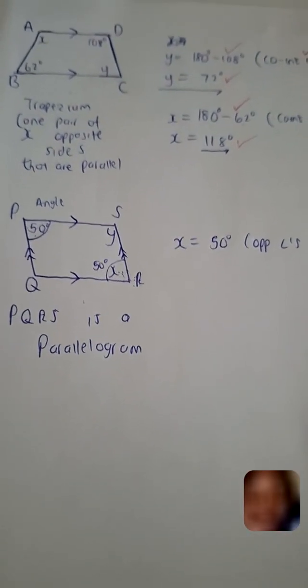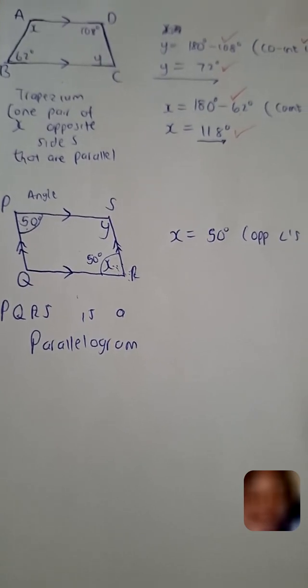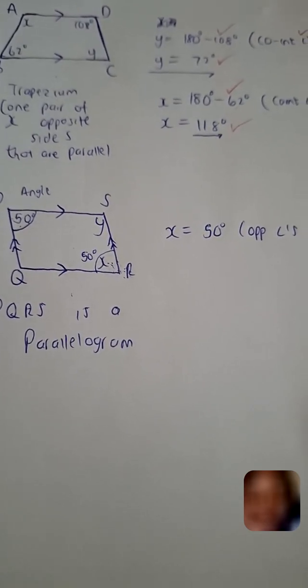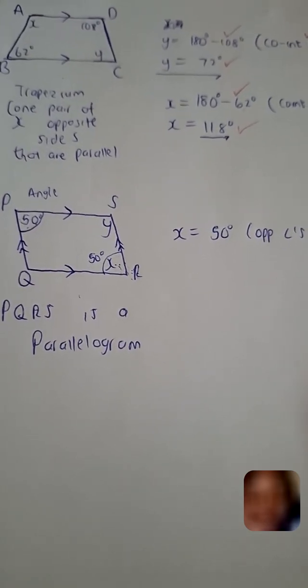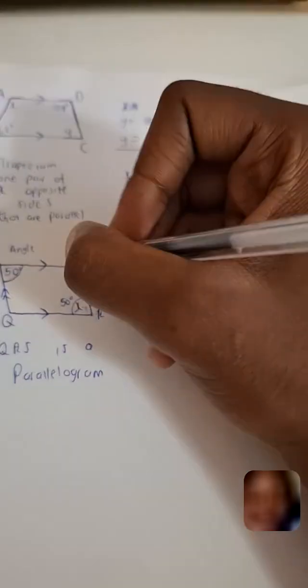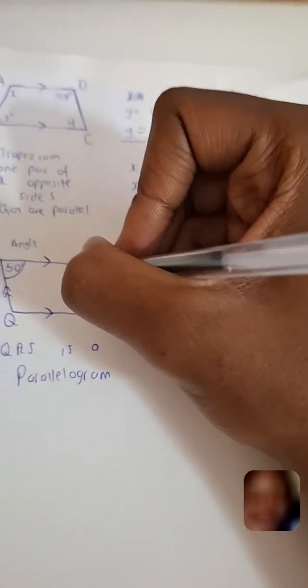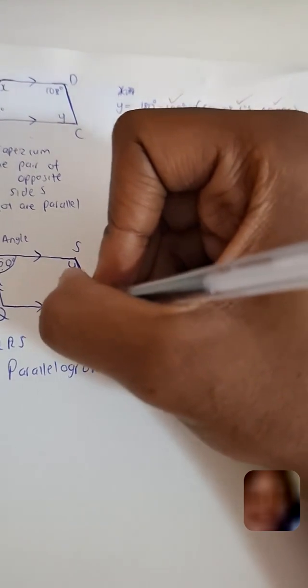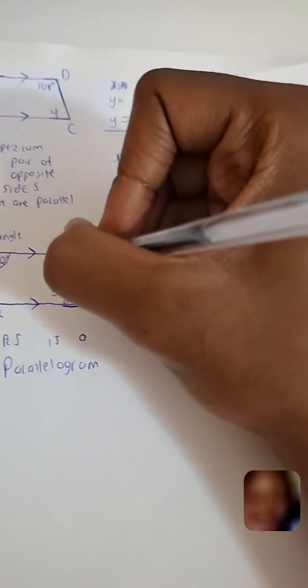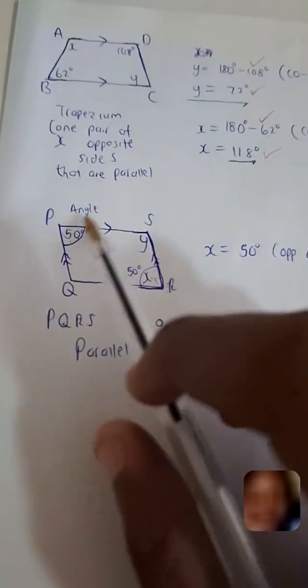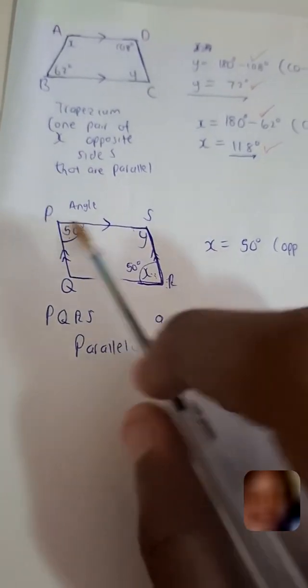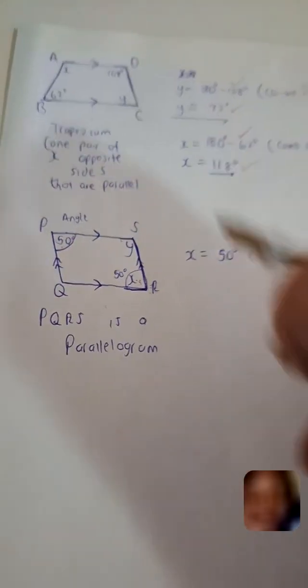y is going to be equal to... the U shape. Aha, look at that. There's the U shape, right? And I'm sure you can see, Kia, that this line is parallel, this line is parallel.